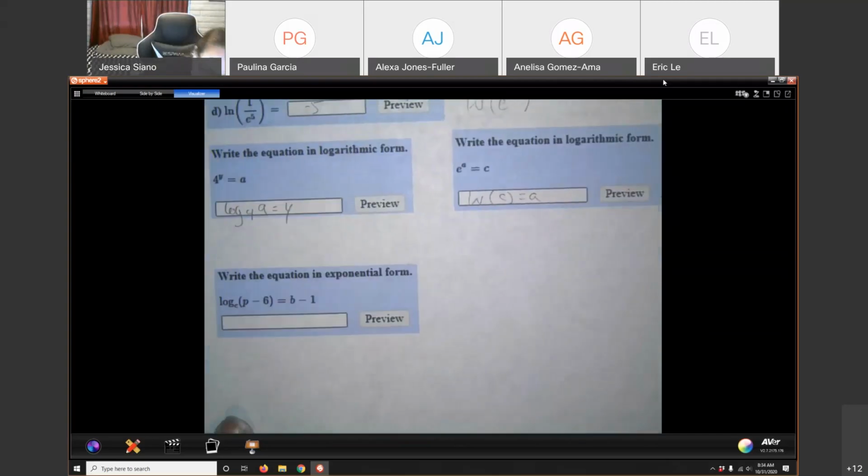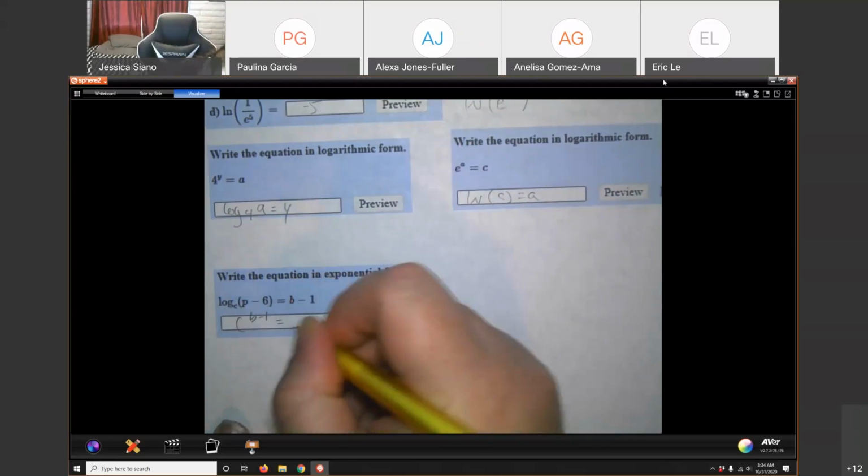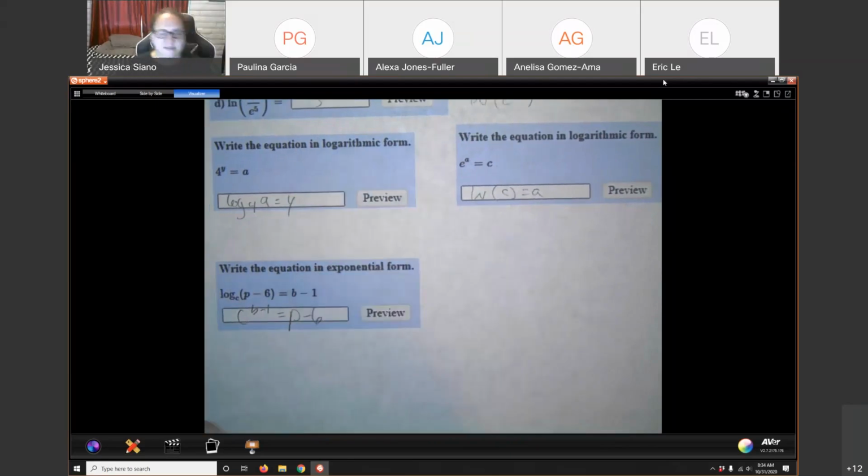So then this one would be c to the b minus 1 equals p minus 6. I feel like that one's unnecessarily difficult, but okay.